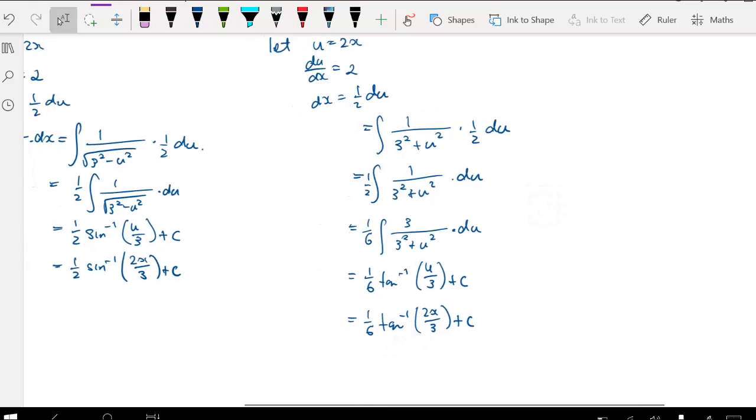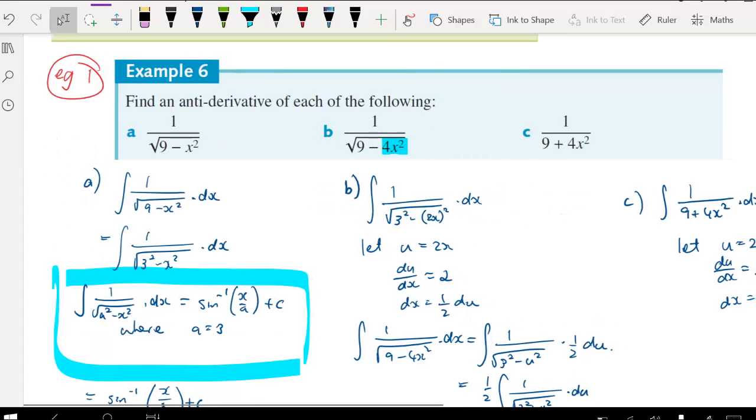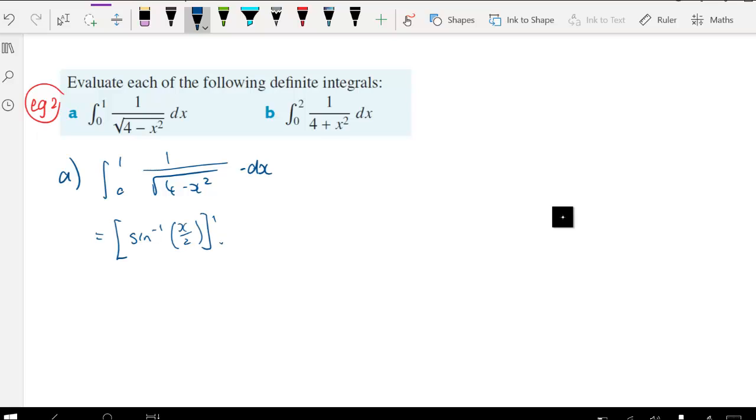Okay, so there's 3 simple examples. We'll look at a couple of examples using definite integrals as well. In these 2 examples, we have the integral between 0 and 1 of 1 over square root of 4 take x squared dx. So this one's a nice easy one. We can see straight away that a is equal to 2, and we can see it's going to be an arc sine scenario, so this is arc sine of x on 2 between 0 and 1.